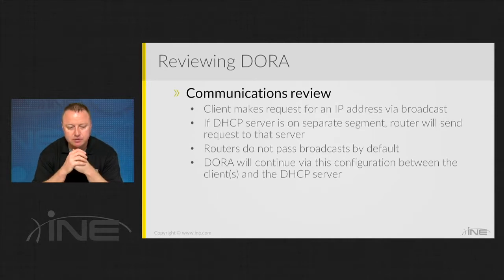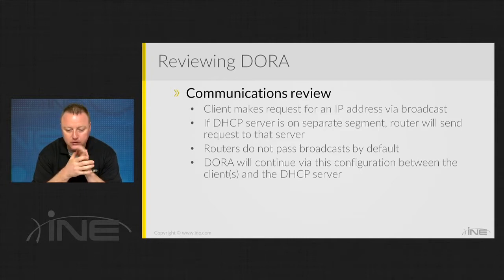And the communications review would be if the DHCP client sends the request, broadcasts it on the network, and the DHCP server responds, then you either had the relay agent configured or it was local and wasn't passing a router.